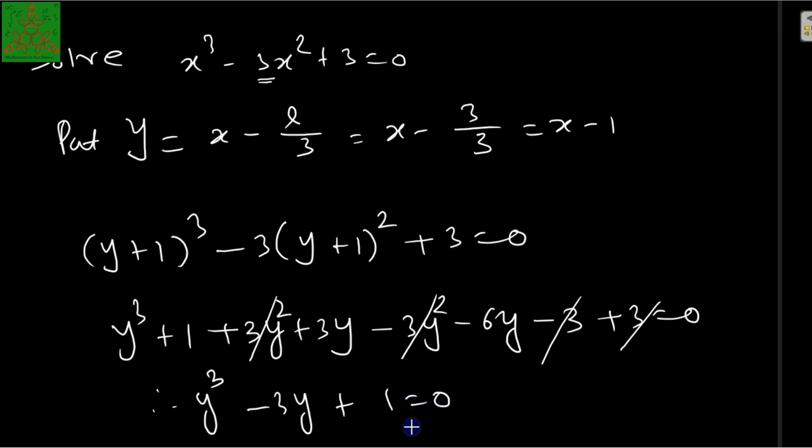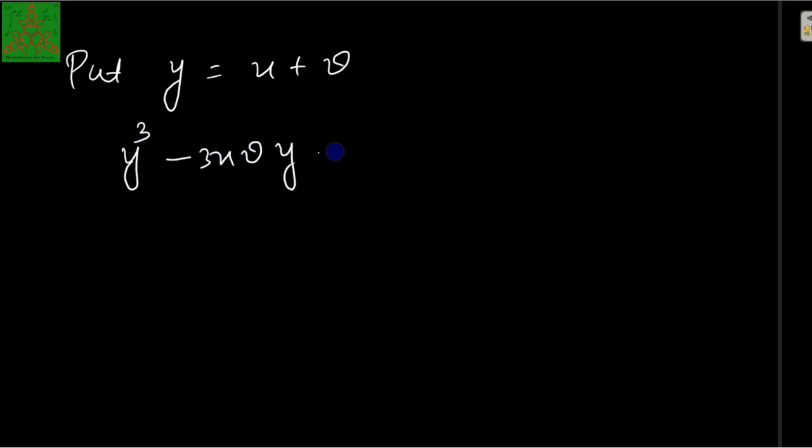To solve this equation, y cube minus 3y plus 1 equal to 0, we have to replace y equal to u plus v. So you will have y cube minus 3uvy minus (u cube plus v cube) equal to 0.